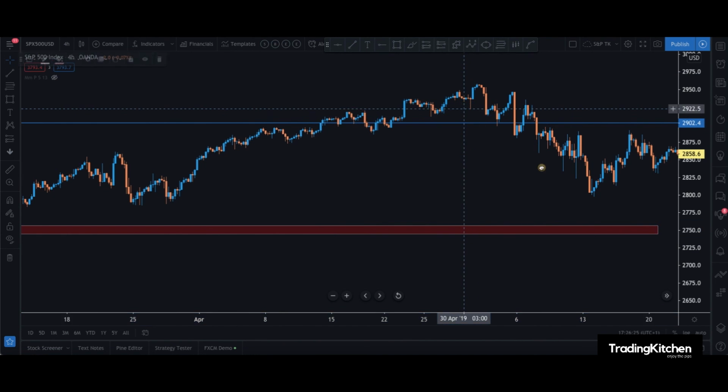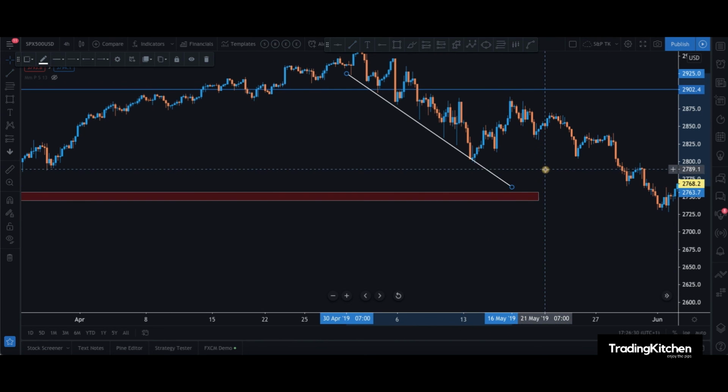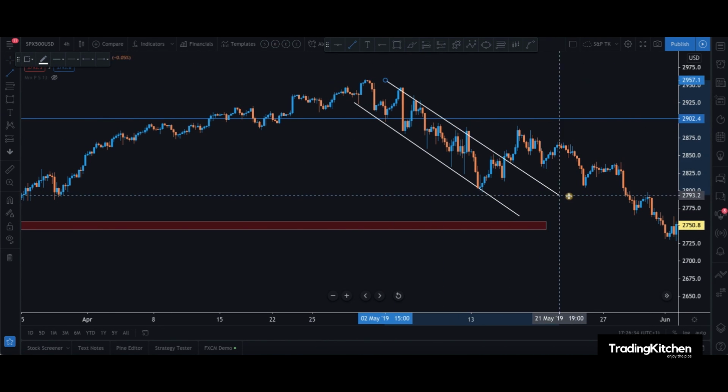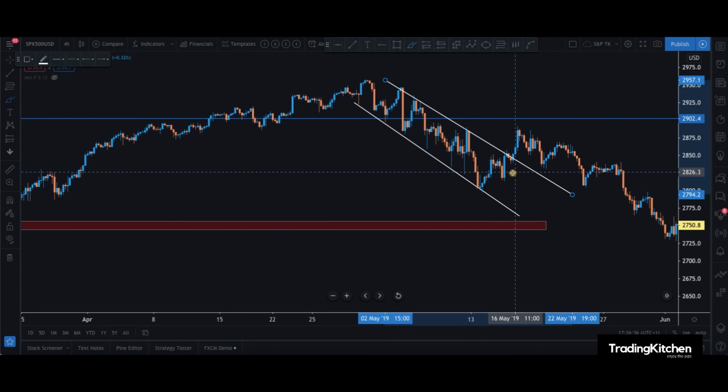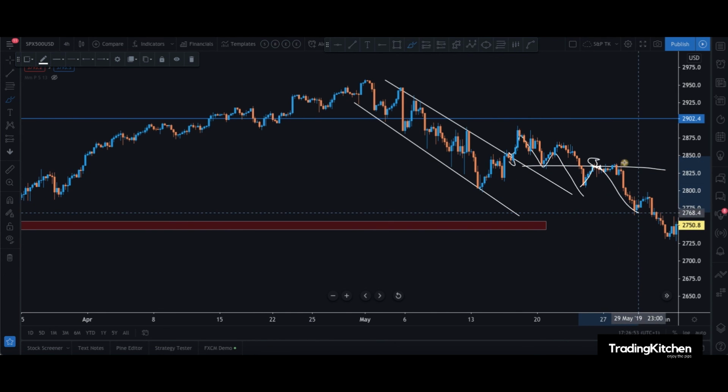Oh, this is a channel, a perfect channel as well. Price broke, retested here, broke, and then goes down and goes down again. Retest here, this is a formation, and price came to retest the previous support, which became a resistance, and then goes down.